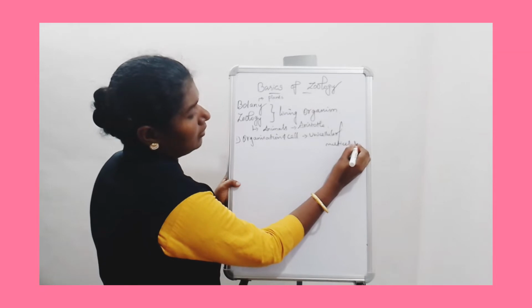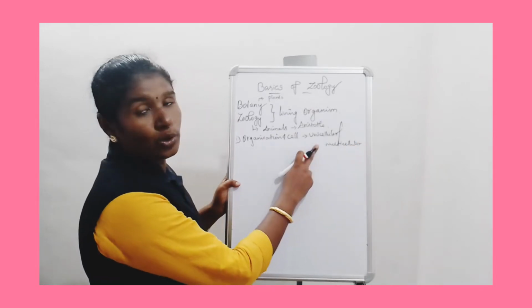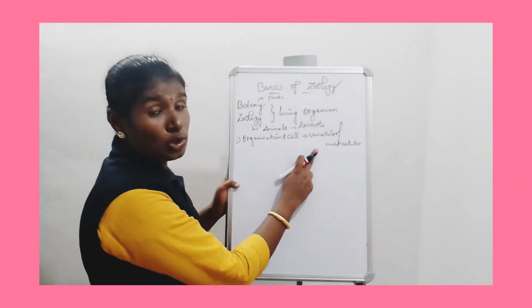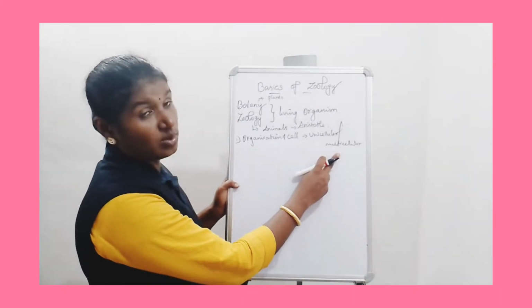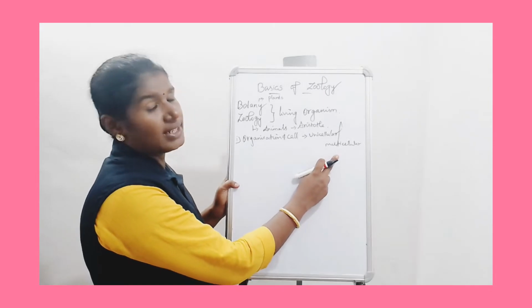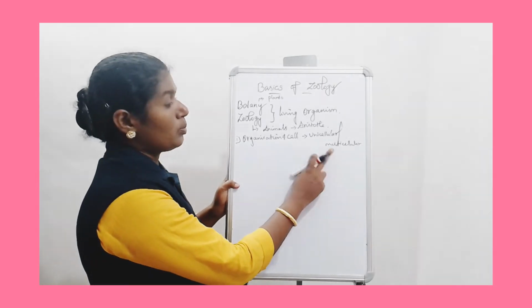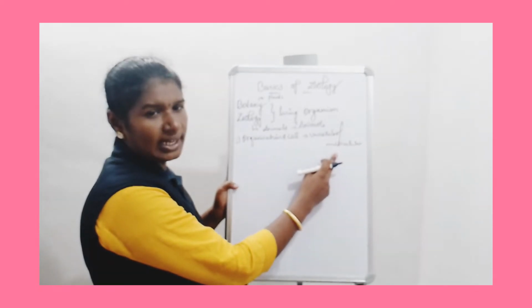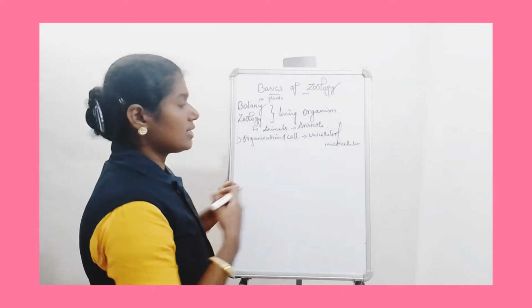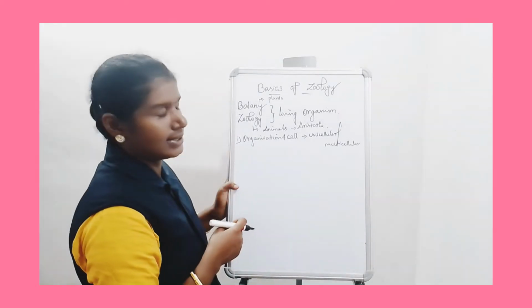Unicellular, we know, is otherwise called prokaryotic. We can't see it with the naked eye. But multicellular is otherwise called eukaryotic. We can see it with the naked eye. Prokaryotic example is amoeba, and eukaryotic example is even man. That is a multicellular organism.